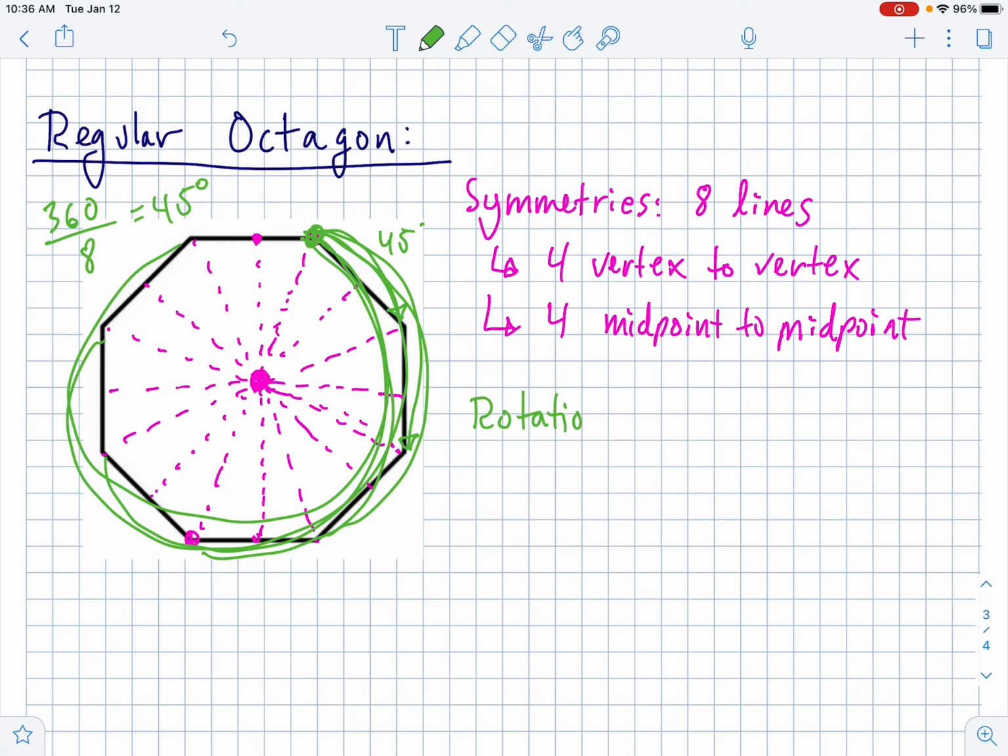So the rotations, yes, it has rotational symmetries, and they are at 45 degrees, 90 degrees, 135 degrees. What's the next one? 180 degrees, 225 degrees, 270 degrees, 315 degrees, and then I think the next one would be 360. Let me see how many we got. 1, 2, 3, 4, 5, 6, 7. Yep, that's one less than the size of the shape.